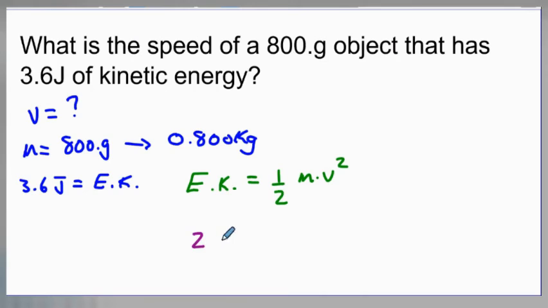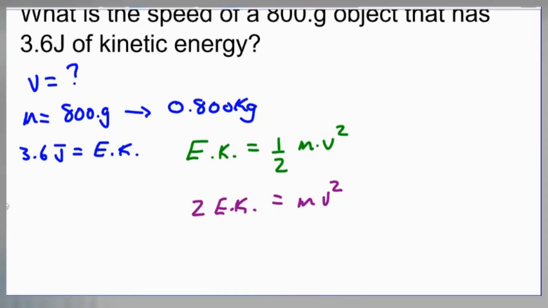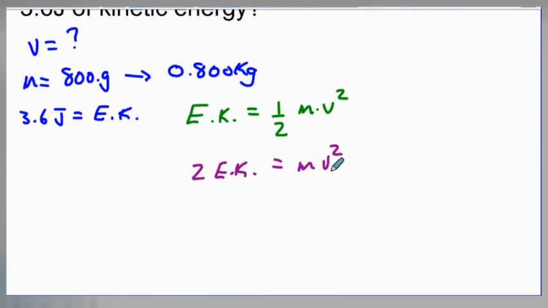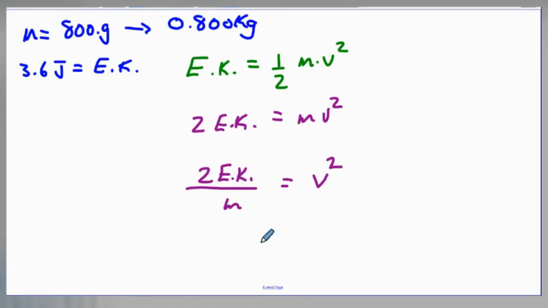I'm going to say 2 times my kinetic energy is the mv squared. From there, let's move the mass. So I'm going to end up with 2 times my energy divided by the mass is my velocity squared. I don't want my velocity squared. I want my velocity.